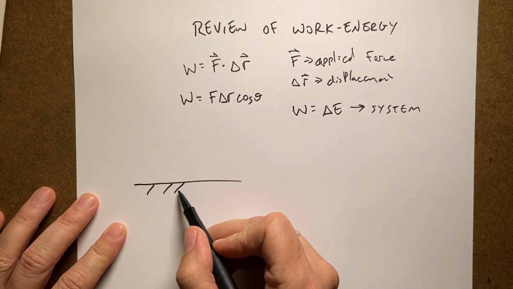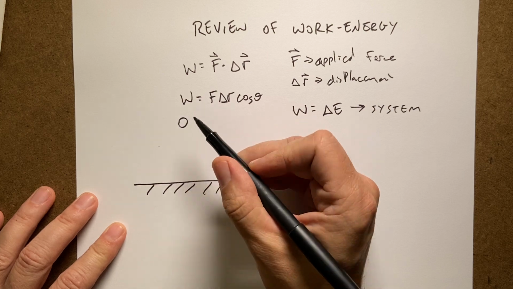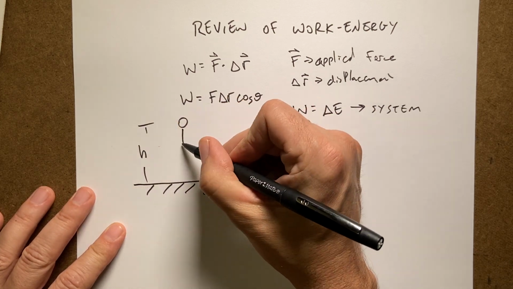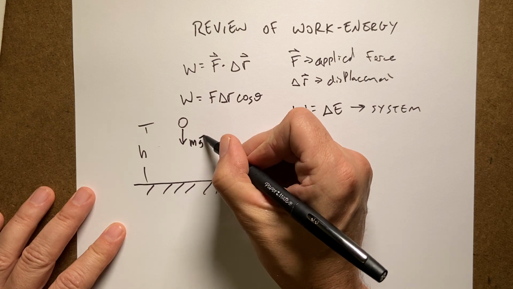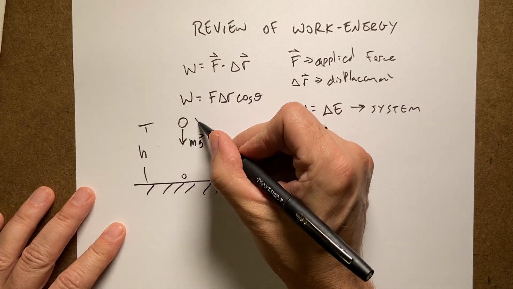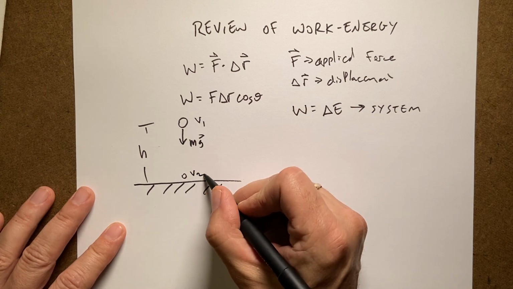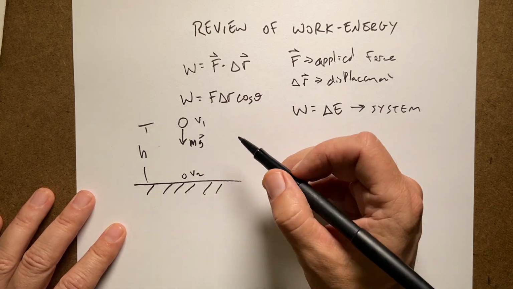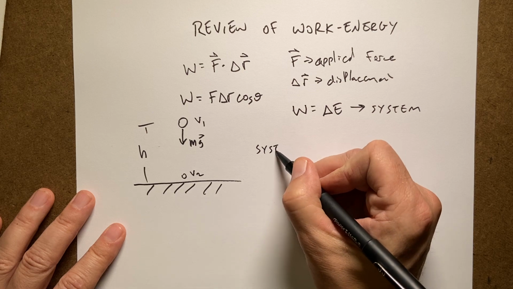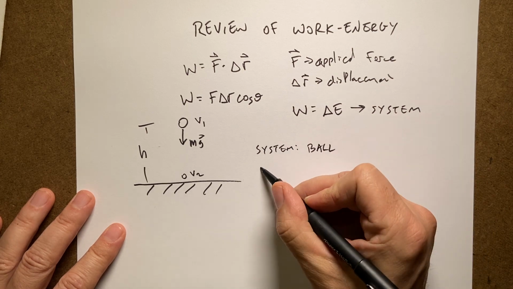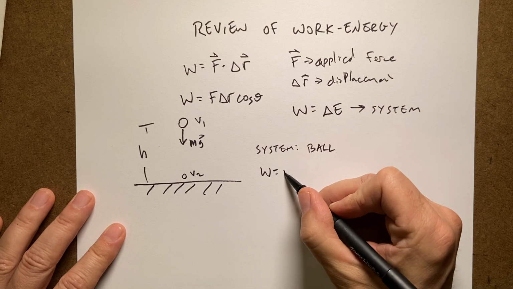Here is the ground. Here's a ball, and it starts from a height h, and there's a gravitational force on it, mg. And it's going to fall down here. And it starts with the velocity v1. I'm going to leave that as a scalar, and it ends up down here as v2. So the work, if I choose my system as the ball, then the work is going to be mgh.